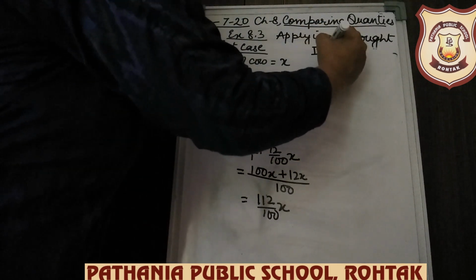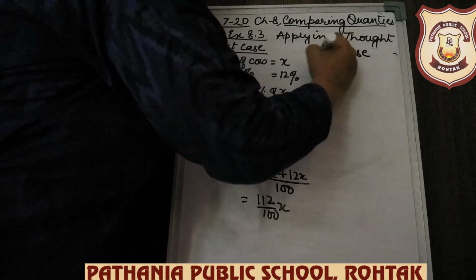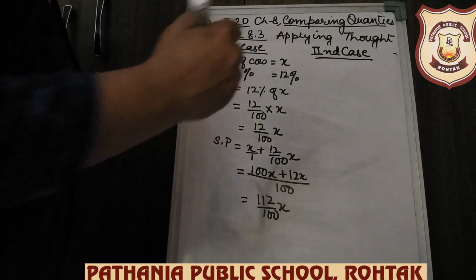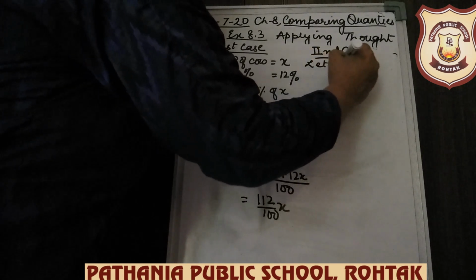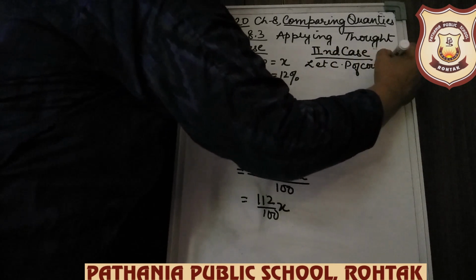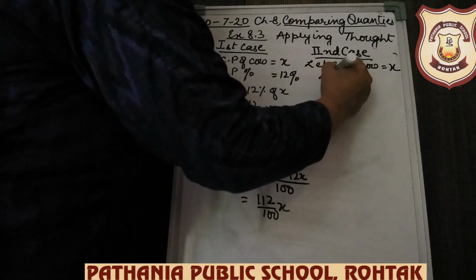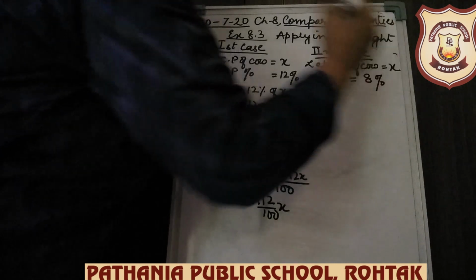Now for the second case, CP is same, so let CP of cow is equal to X. Now here you have loss, so loss percent is 8%.